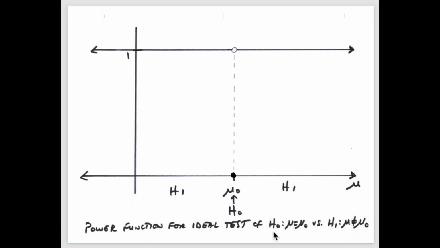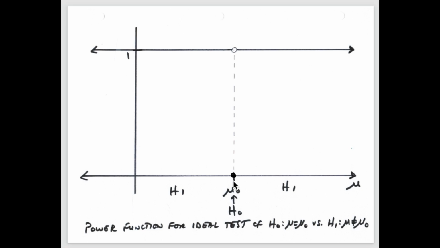And the null hypothesis says that mu is equal to mu sub 0. And so if the null hypothesis is true, then mu is equal to mu sub 0. So this is the single location here on the horizontal axis where the null hypothesis is true. And if the null hypothesis is true, then obviously we do not want to reject it.